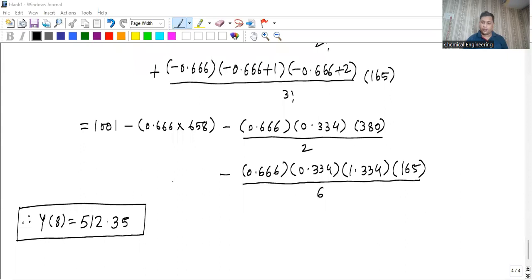The Lagrange's formula is applicable for unequal intervals, when the data is not equally spaced. So let us see what the formula is going to be. We go for the Lagrange's interpolating polynomial.